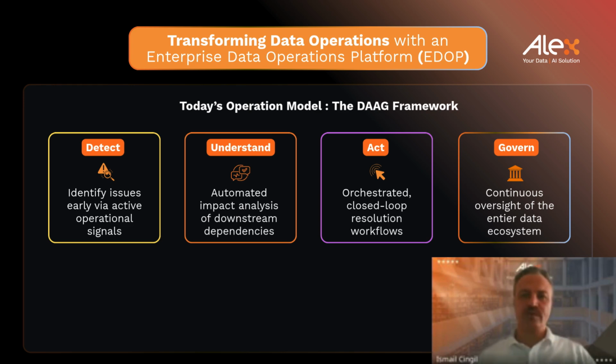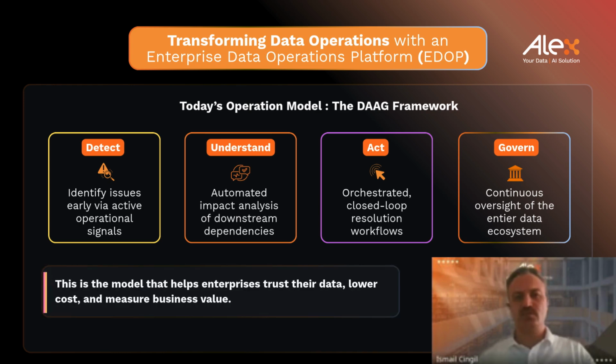We will demonstrate how continuous context intelligence allows you to detect issues early, understand downstream impact, act through automated resolution, and govern continuously. This closed-loop operating model turns operational intelligence into trusted data, lowers your cost, and measures your business value.